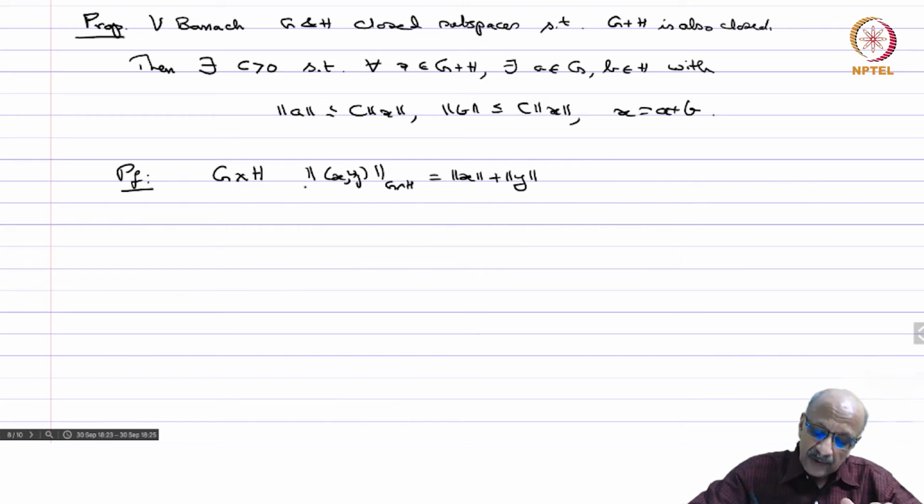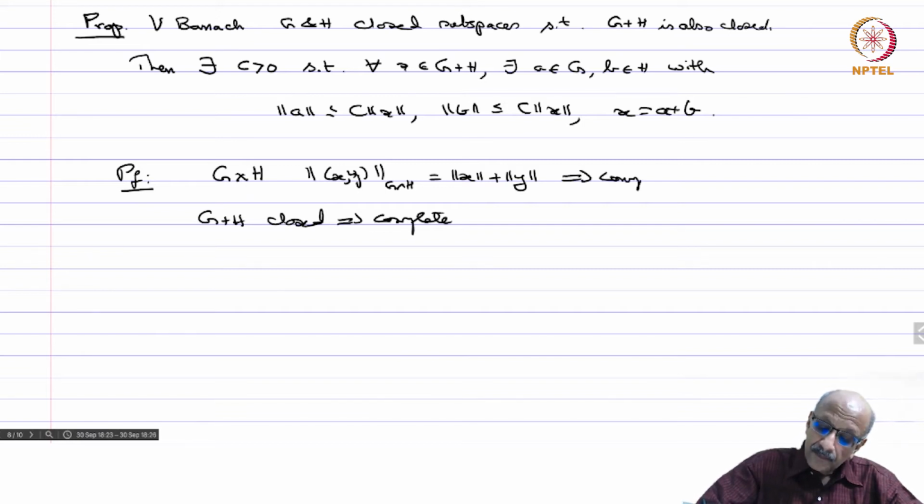So the product is a Banach space with this as the norm. We have seen the dual of such a space in one of the exercises already. So now G plus H is also closed, so it is also a Banach space. So G plus H closed implies complete. So this is also complete since G and H closed.